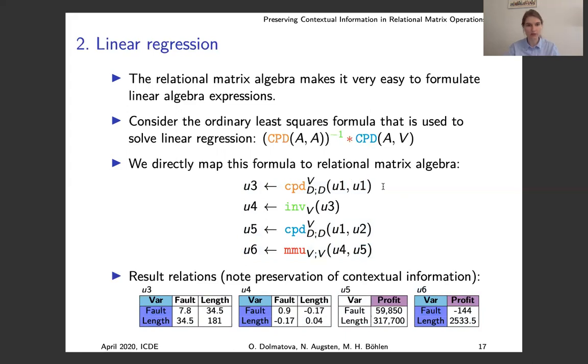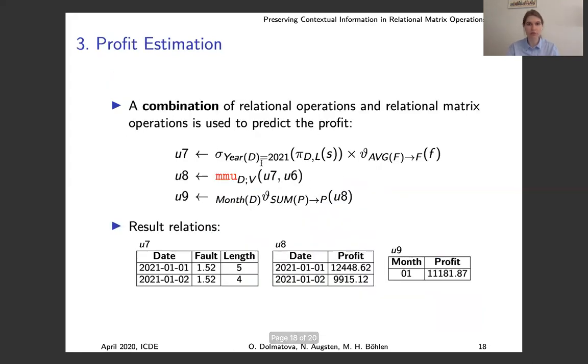So finally, the last step of computation, the profit estimation based on the result of linear regression, this U6. The linear regression result is multiplied with the corresponding length and fault in 2021 to predict the future profit.